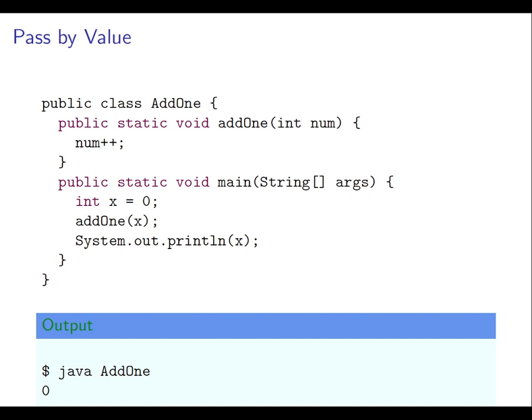So when control returns to main and we System.out.println x, x is not 1 but 0. It has not been modified. The fact that a copy of x was incremented and turned into 1 during the course of our calling of the add1 function is completely irrelevant to the original variable x within the main function. It makes no difference at all. And so we get 0 printed.